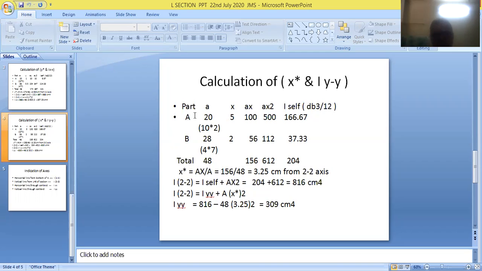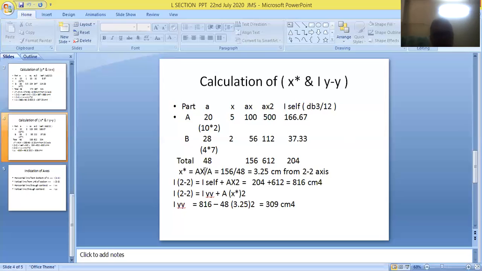So friends, for measuring the values of x bar and IYY, I have to prepare this table. So this table is similar to the previous table, but only thing is instead of y values, you will be taking x values.